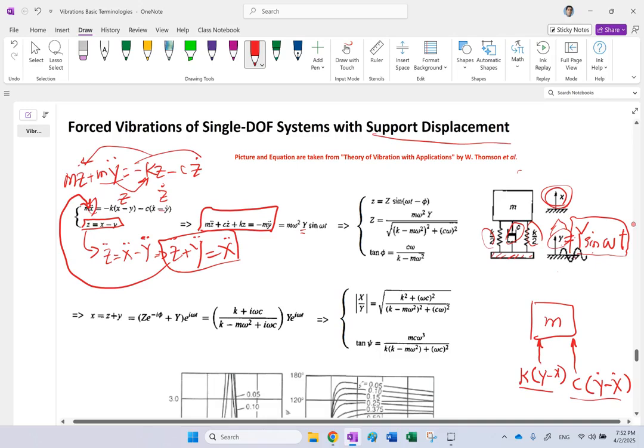Now many times this is not really the case, okay, but in this case, again, just to match the previous notation, and that is one of the simplest kinds of external forces or external displacement, we go with harmonic.